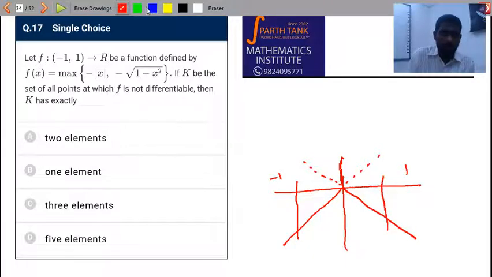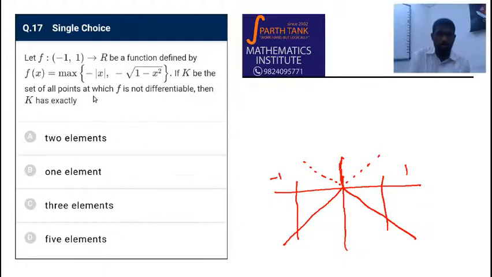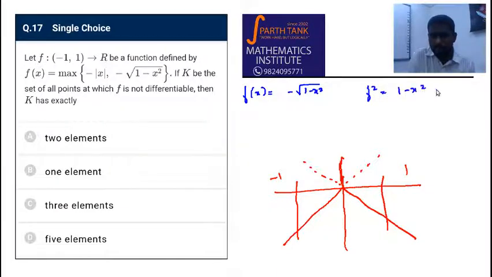Now let me draw what is going to be root of 1 minus x squared, minus root of 1 minus x squared. See, that is not very difficult to identify. If you take f of x is minus root of 1 minus x squared and you square it on both sides, then f squared is equal to 1 minus x squared, or x squared plus f squared is 1.